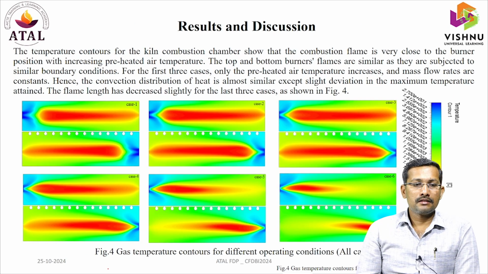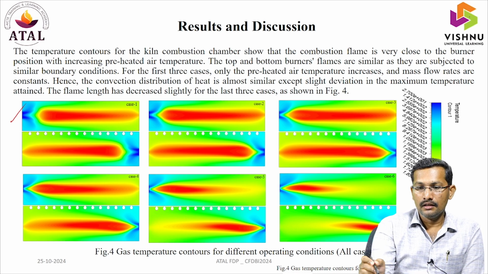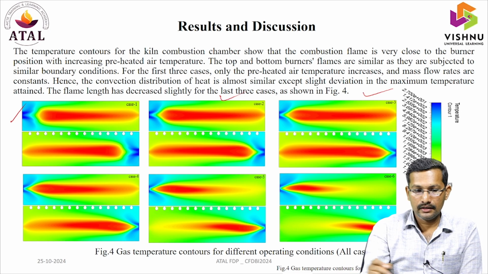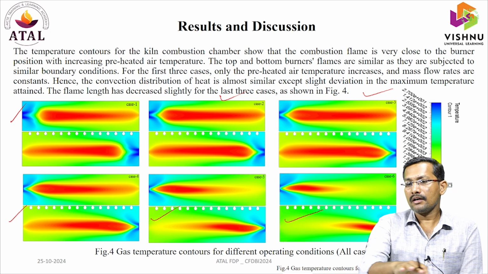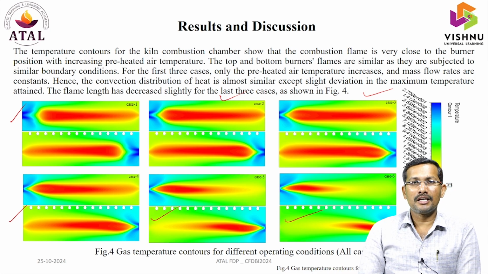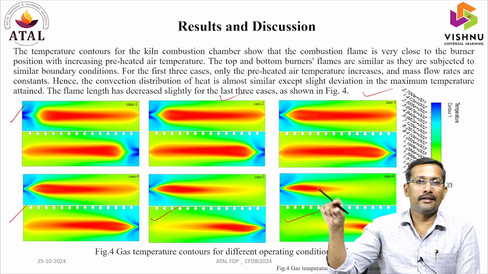Now these are the results: this is the case 1 results, this is case 2, case 3, case 4, case 5, and case 6. In total there are 6 cases, because we considered 6 cases in the boundary condition. How did we frame the 6 cases? Depending upon the air inlet temperature.